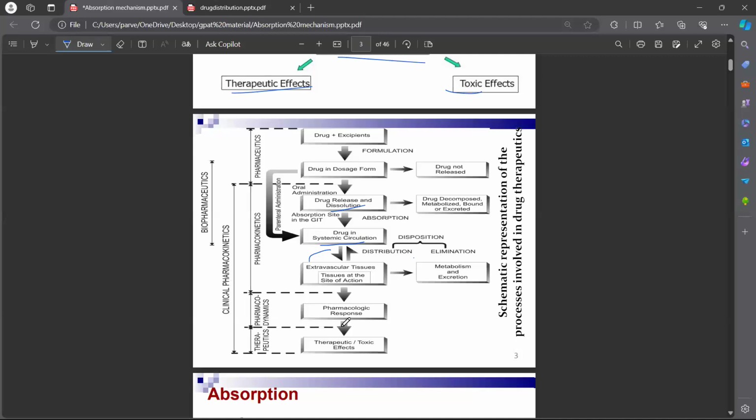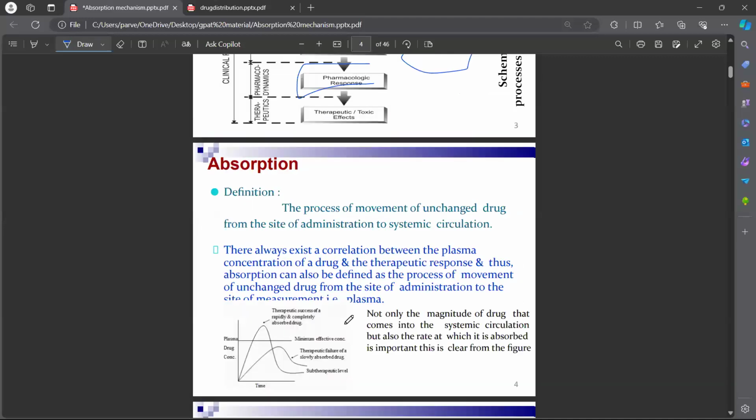Is distribution a reversible or irreversible phenomenon? Great, guys. Yes, distribution is a reversible phenomenon. It generally occurs as transfer between the blood and the tissues.